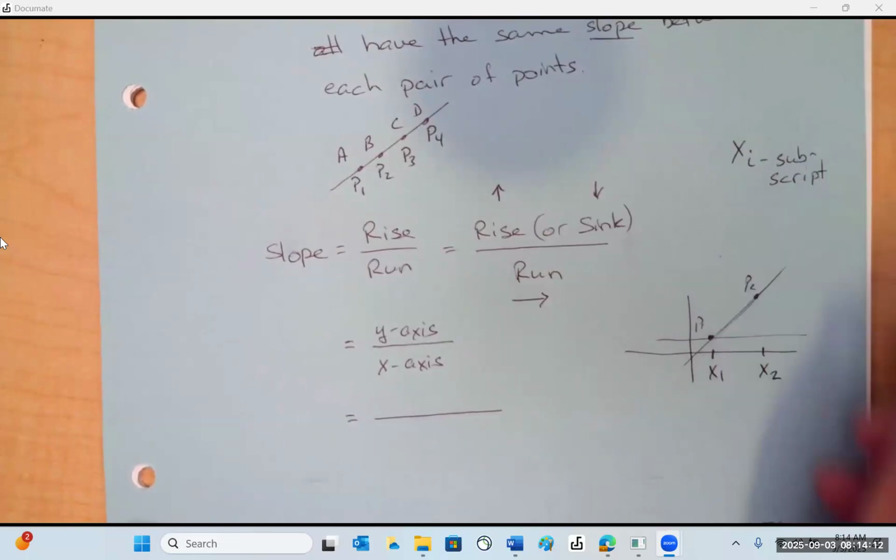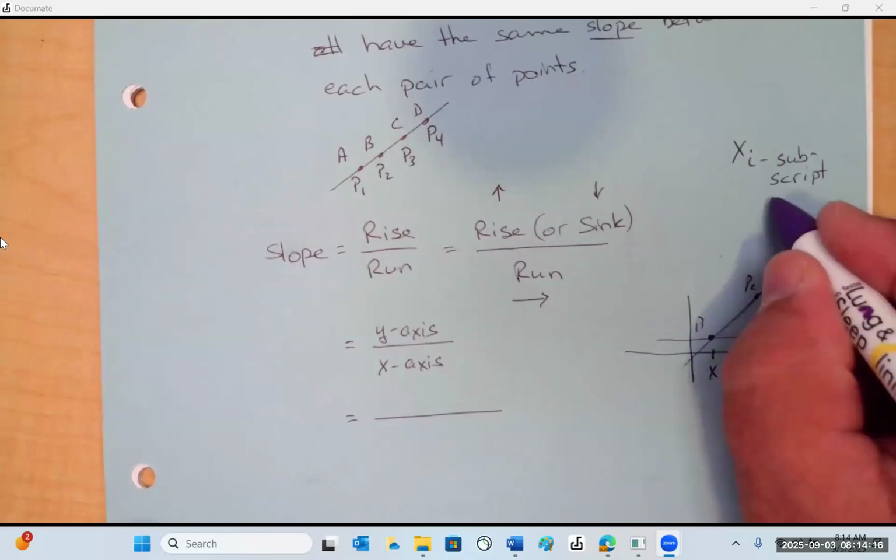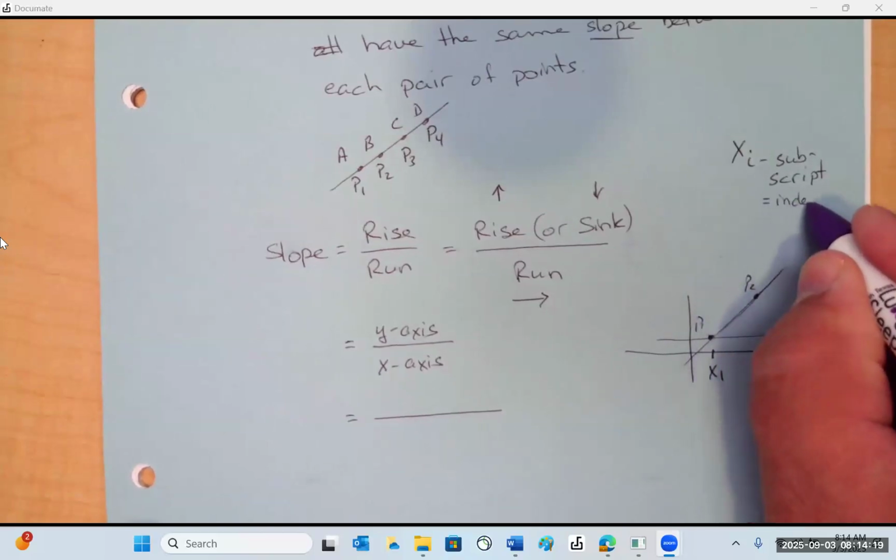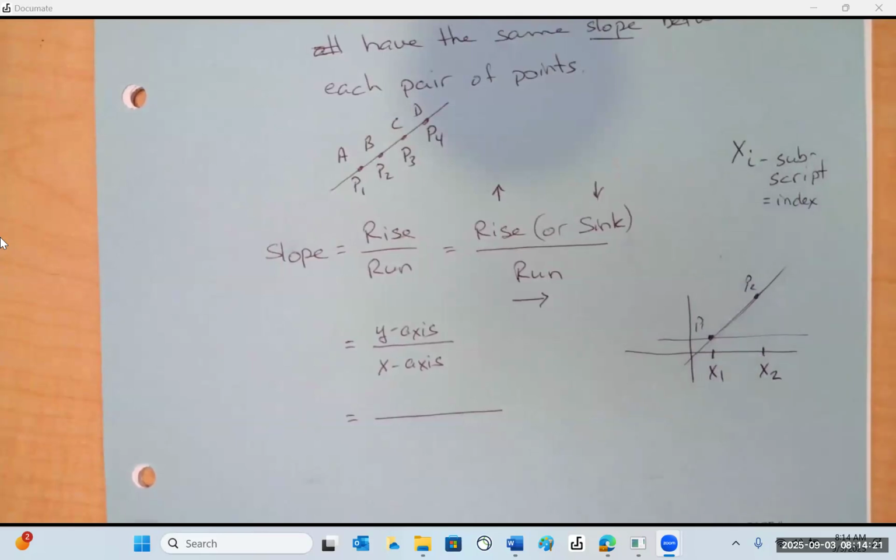It's a subscript. It's an index. This is an index. It tells me, is it the first one, the second one, the third one, the fourth one, whatever.